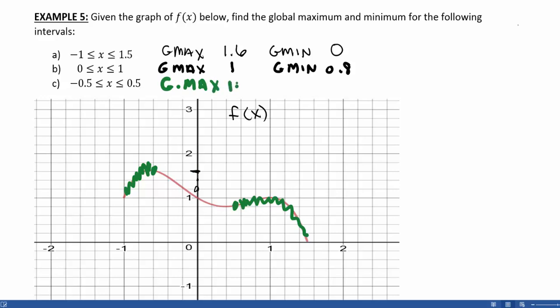So the maximum here on this interval, the red part you can still see, is about here, which we said was 1.6. The global minimum is the lowest point on this function, so that's actually going to happen around here because it starts to increase, and we said that that happens at roughly 0.8. So again, if you have a restricted interval, you're just looking for the highest and lowest point on that interval, and you're defining it by the y value.